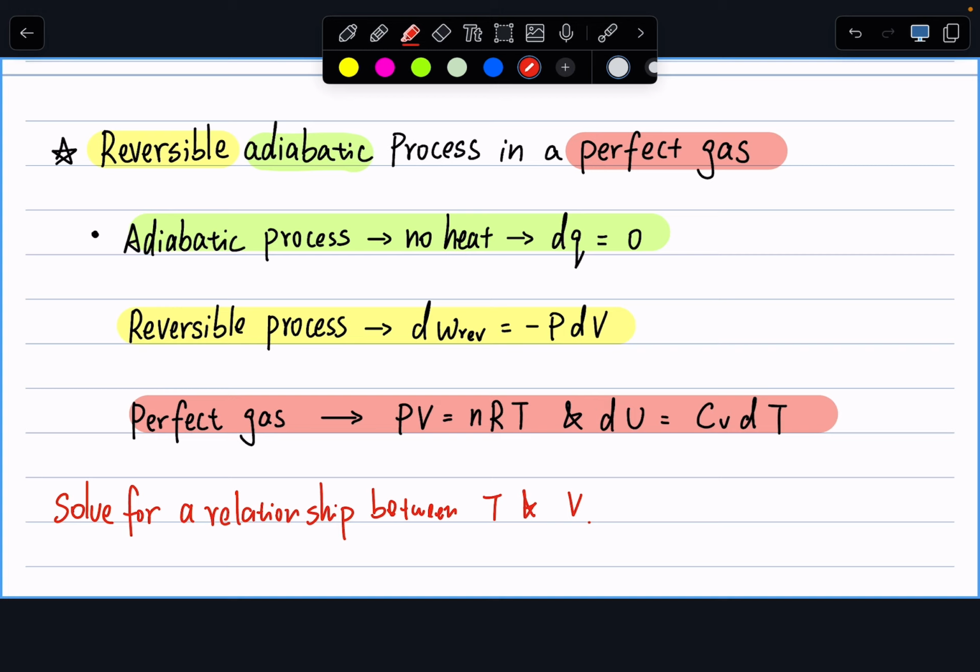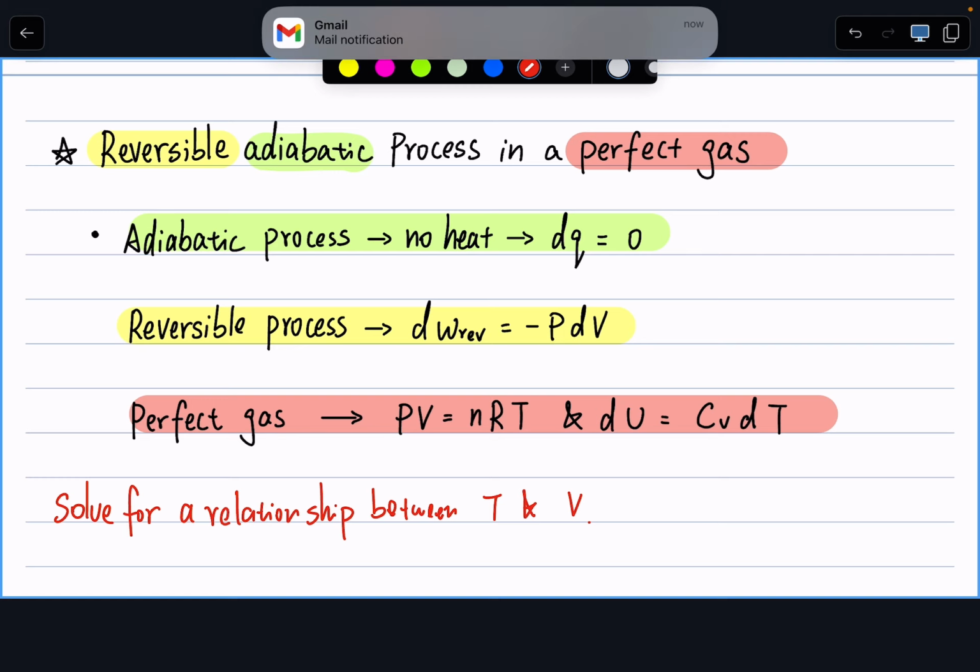We say this is reversible, so dW equals negative PdV, and since it's an ideal gas, the pressure is expressed as nRT over V, and for dU, we have Cv times dT because it's an ideal gas, right? So this part is simply translating whatever is in the problem into equations we can eventually solve.